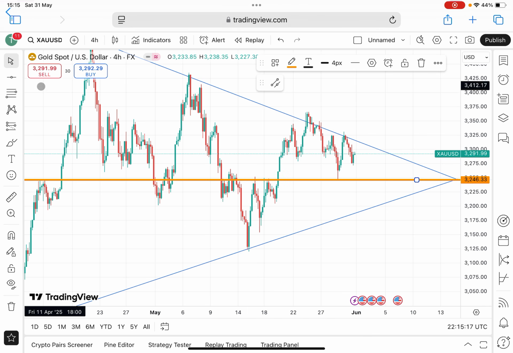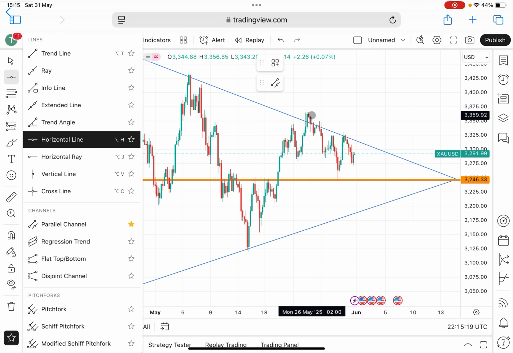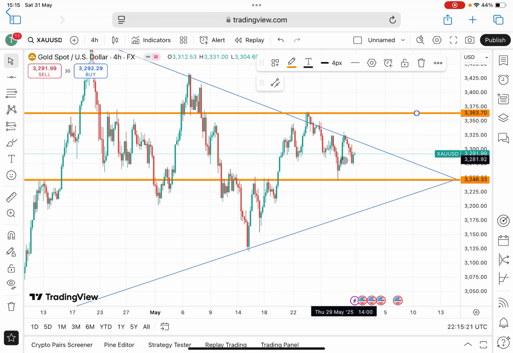As you can see, it should have gone to at least this level, but price sold back into this triangle pattern. So it's kind of tricky. Like I said, it may decide to go back up from this level and also back down to this level, and if it breaks this level, it may definitely come to retest this trend line, like I said.